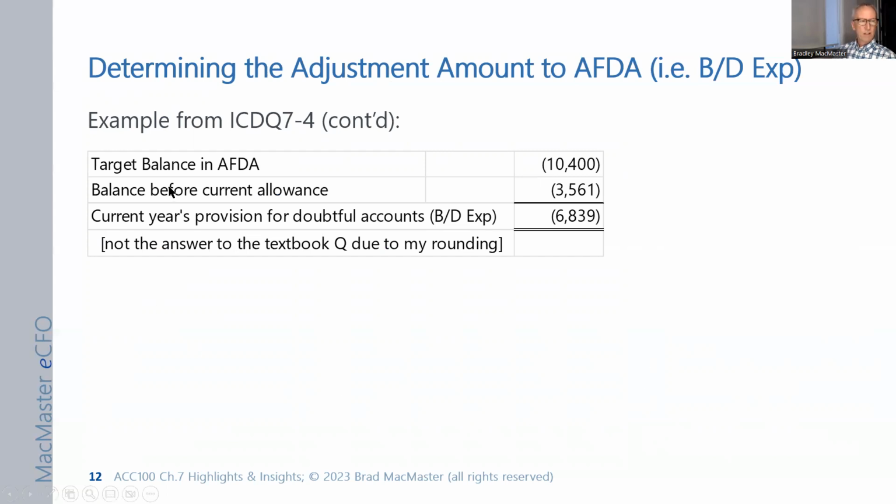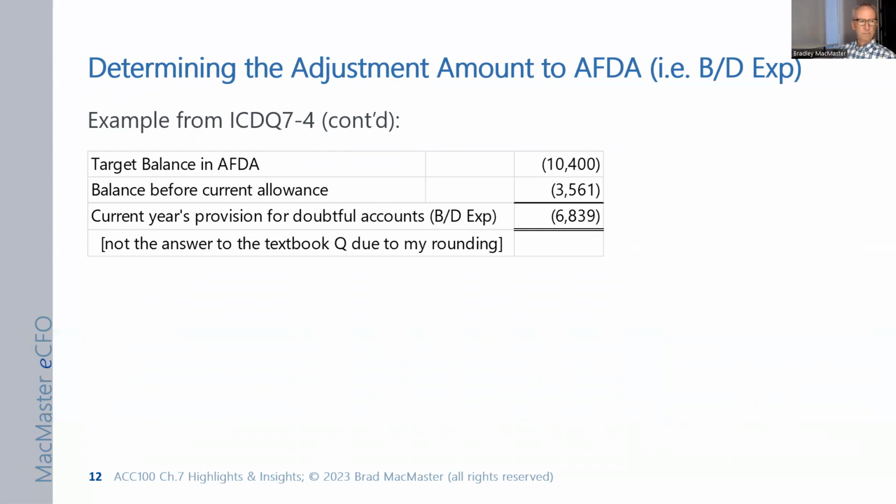In this question, the balance in the allowance for doubtful accounts before we make this adjustment was a negative 3,561. So to move the account balance from this number 3,561 negative to 10,400 negative, we have to process an adjustment of 6,839.